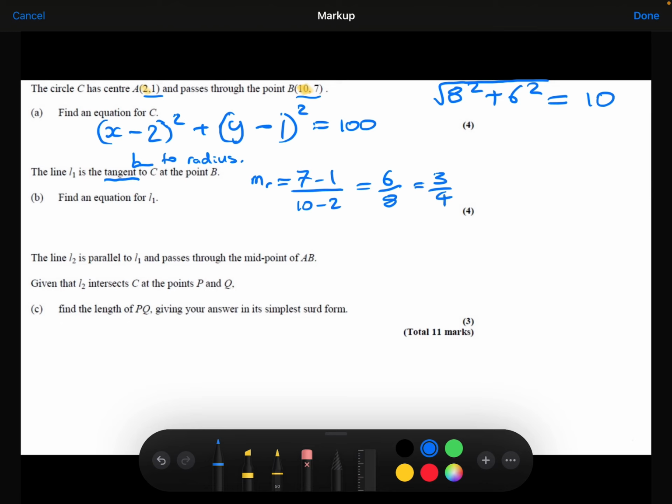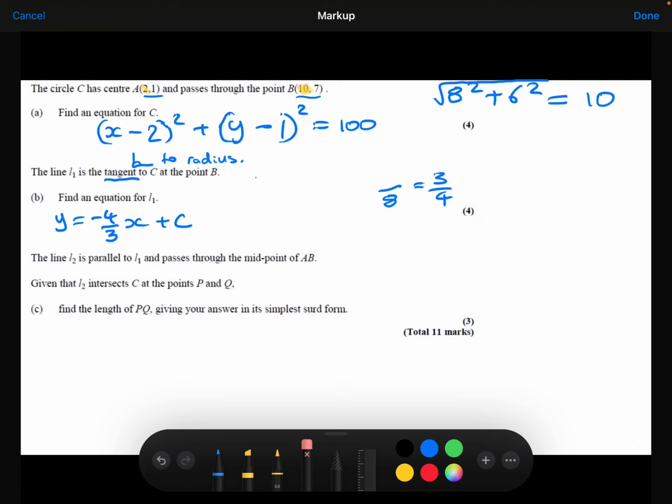So the gradient of the radius at point B is 3/4, which means that the gradient of my tangent will be the negative reciprocal of that, so minus 4/3. So my tangent will be y = -4/3 x + c.